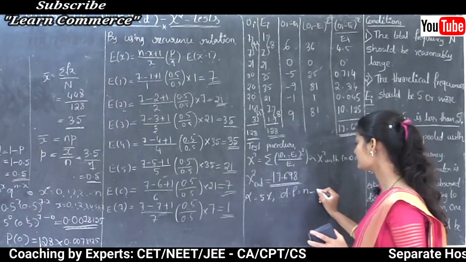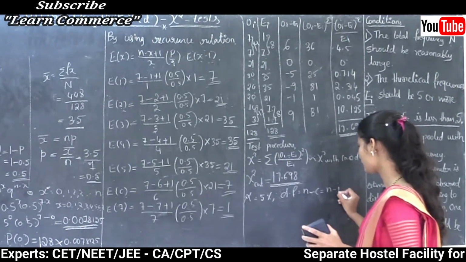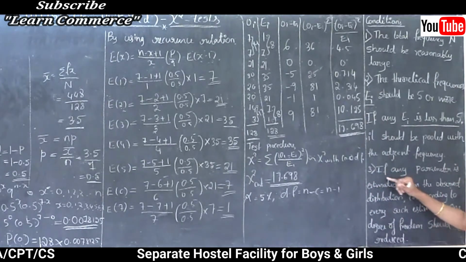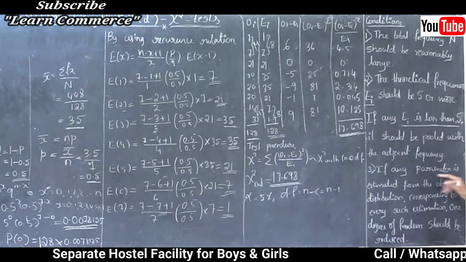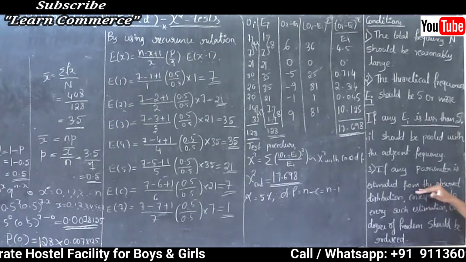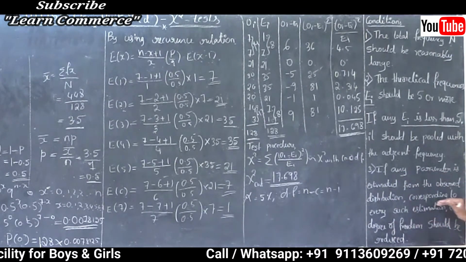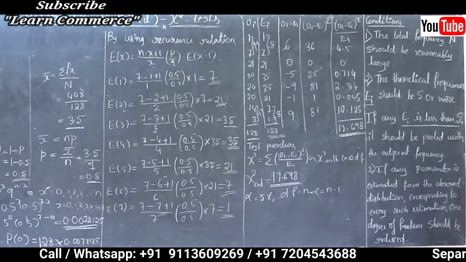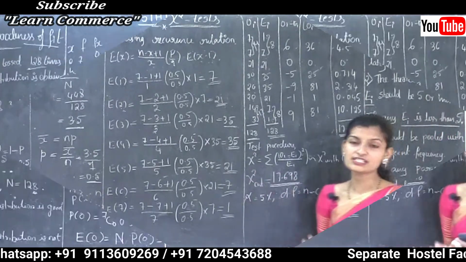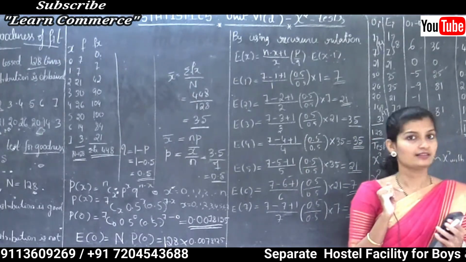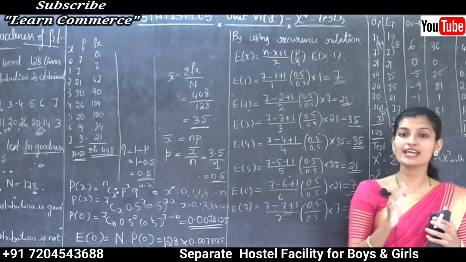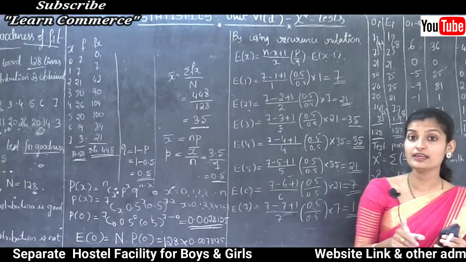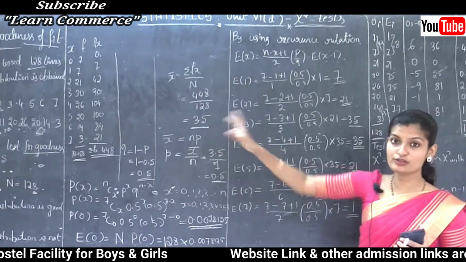That is n minus 1, and see the third condition. If any parameter is estimated from the observed distribution, then for every such parameter, 1 degree of freedom should be reduced. The parameters of the binomial distribution are n and p. n is given in the question, but p we found using the observed frequency distribution.